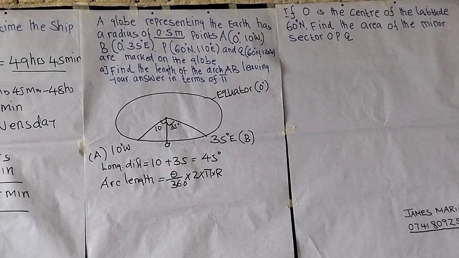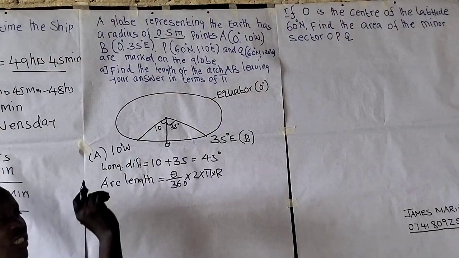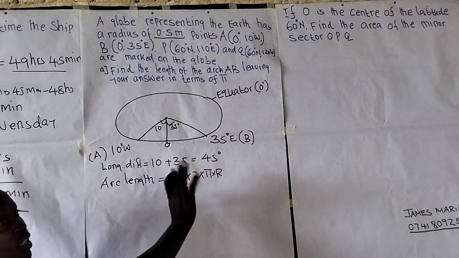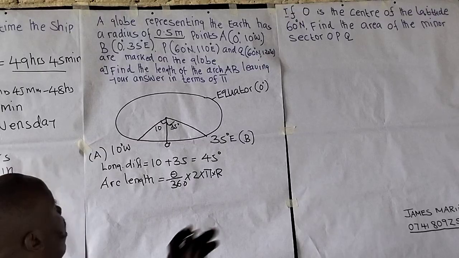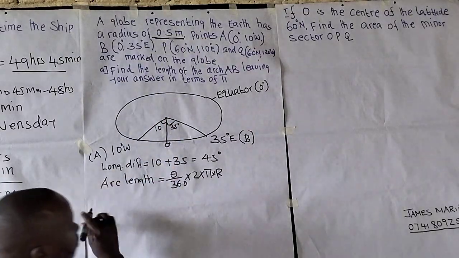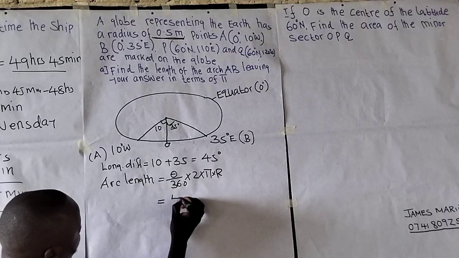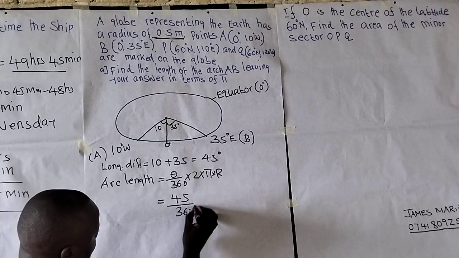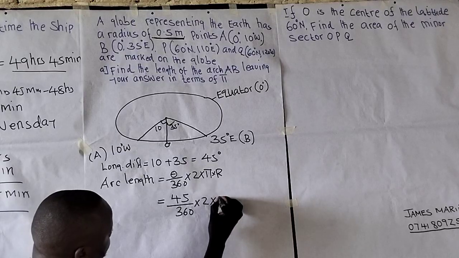Remember, we are supposed to leave our answer in terms of pi. So this r is not 6370, don't use that one, because we have been given that the radius is 0.5. So our angle is 45 over 360 times 2 times pi.